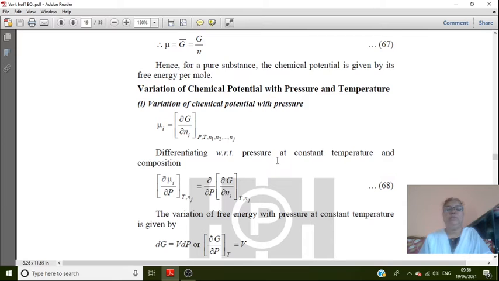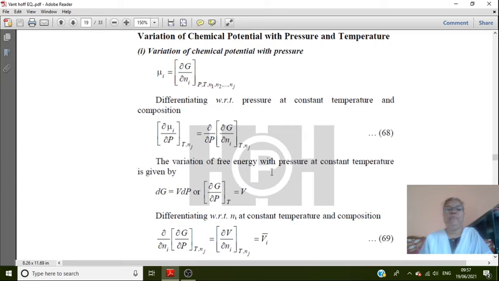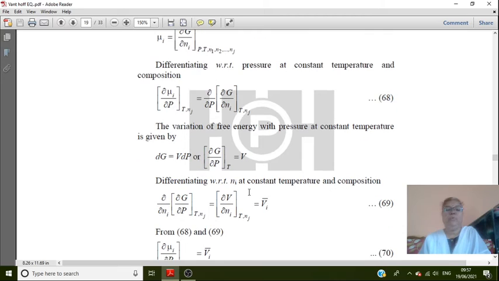Then differentiating with respect to pressure at constant temperature and composition, we can write ∂mu_i/∂P at constant T and N_j equal to ∂/∂P into ∂G/∂N_i. The variation of free energy with pressure at constant temperature is given by dG equal to V dP, or ∂G/∂P equal to V.